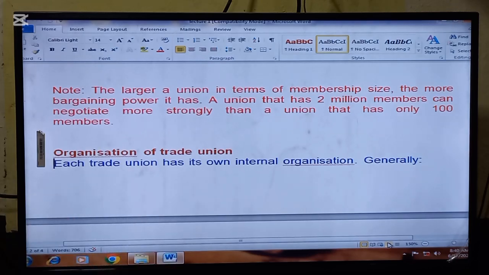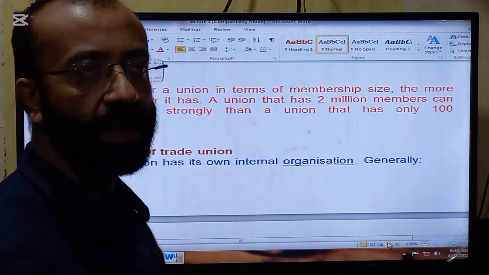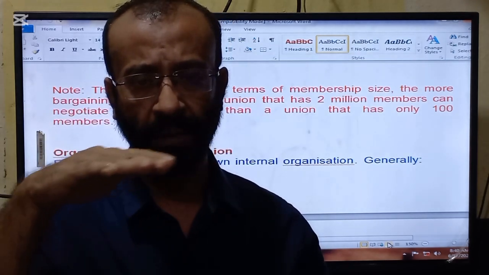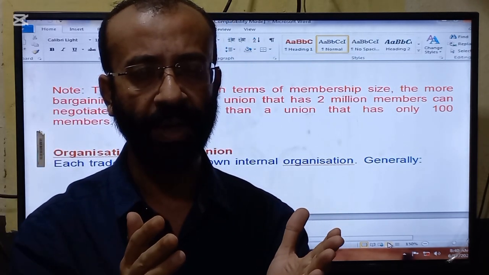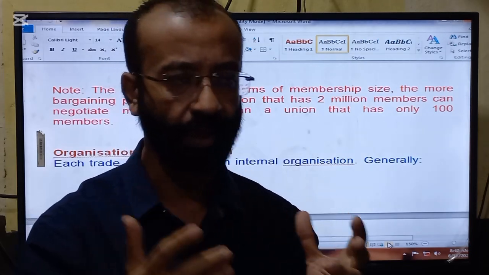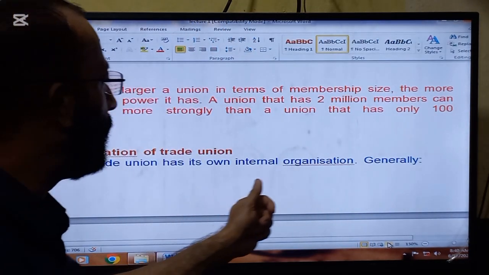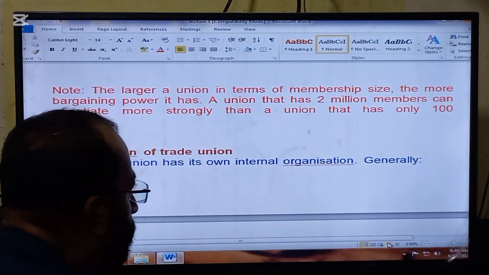Organization of the union. Now we are going to discuss how a trade union is organized, what the levels of the hierarchy in the trade union are, and how it functions. Each trade union has its own internal organization.